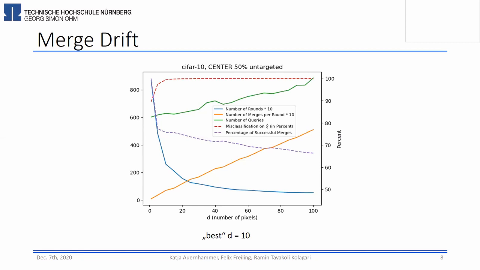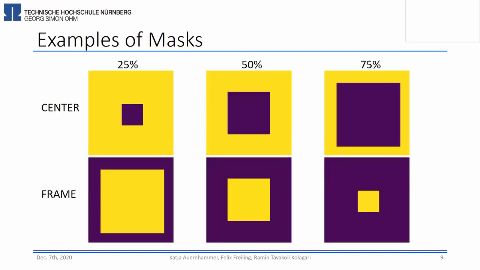Another thing we did to improve our algorithm was to decrease the search space for random pixels. And we did that by using masks. Here are the masks we used. We had two main types of masks. One was the center mask, and then we had a frame mask. The dark area is the area that is perturbable, and the brighter or yellow area is untouched by the adversarial example algorithm.